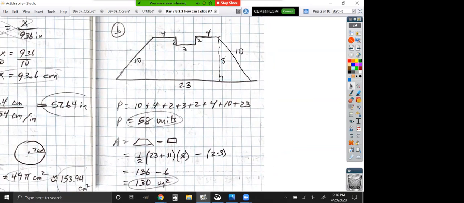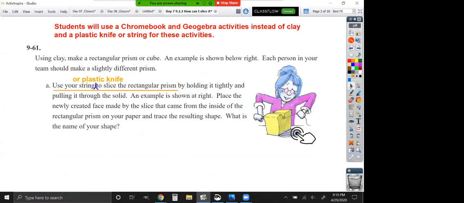Take a good look at how I did those problems, and if you got something wrong, look at my explanation, work through it again, and figure out what I'm writing.